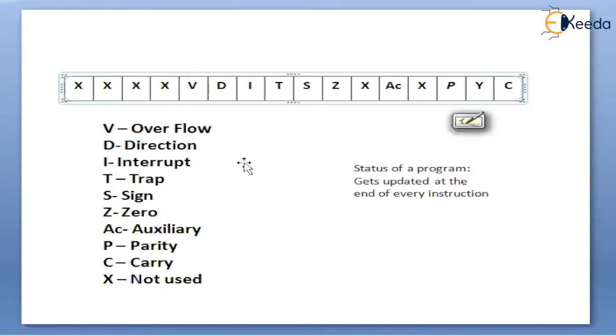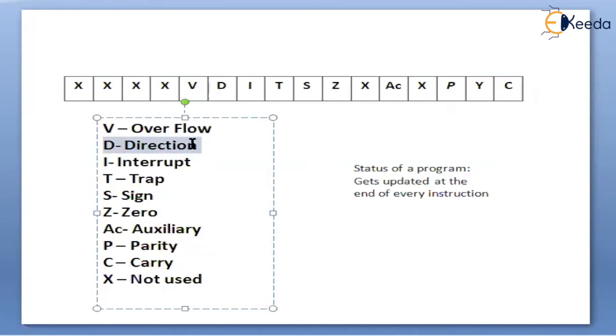If the loop has to be repeated 100 times, then from minimum to maximum, the loop will get repeated, 0 to 100. If the direction flag is equal to 1, then the loop will get evaluated in the reverse direction, that is from 100 to 0. Okay, so this direction flag is exclusively for loops.